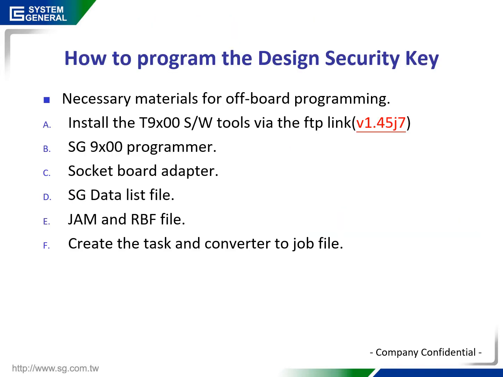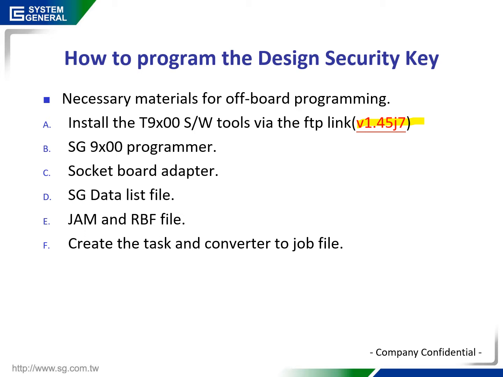In this slide, I will show you how to program the design security key and the necessary materials for programming, which include the following. First, you need to install the 9600 and 9800 programmer software. You can download the software from the FTP link here. You also need to prepare one SG9800 programmer and also the socket board adapter.